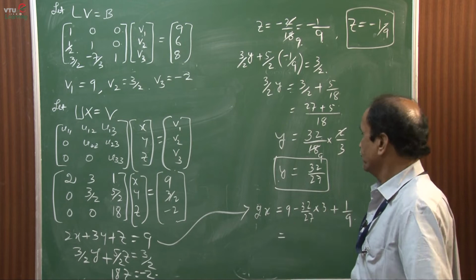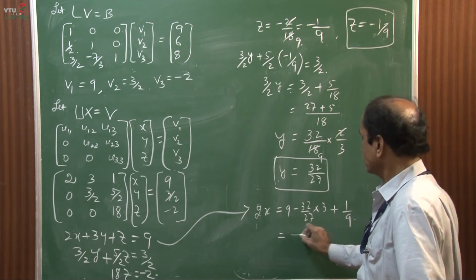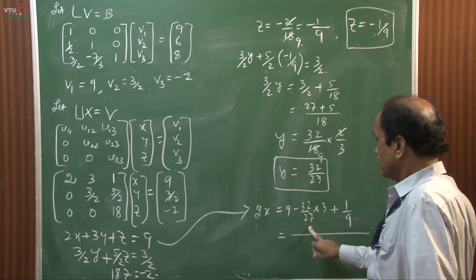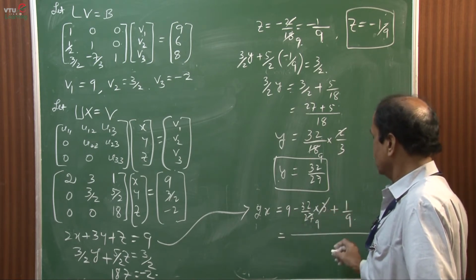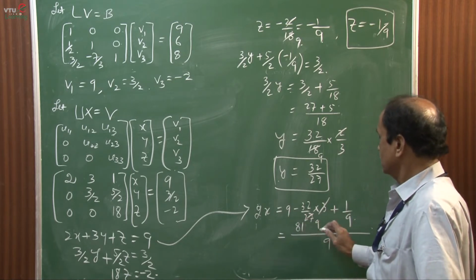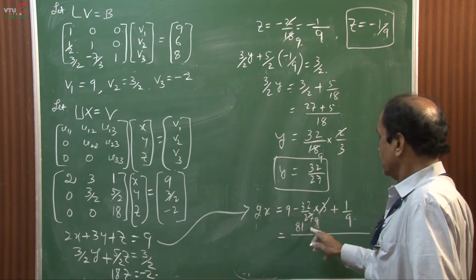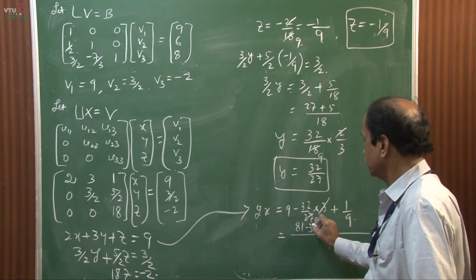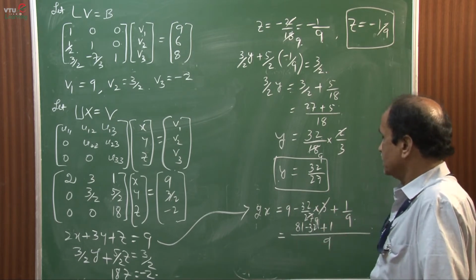This should be 2x, that is 27 is the LCM, and 27 is the LCM, sorry, this 3 also you can cancel, 3 9s are, then 9 is the LCM, 9 9s are 81, and here 9 is there, minus 32, and plus 9 means plus 1 divided by 9 is the LCM.